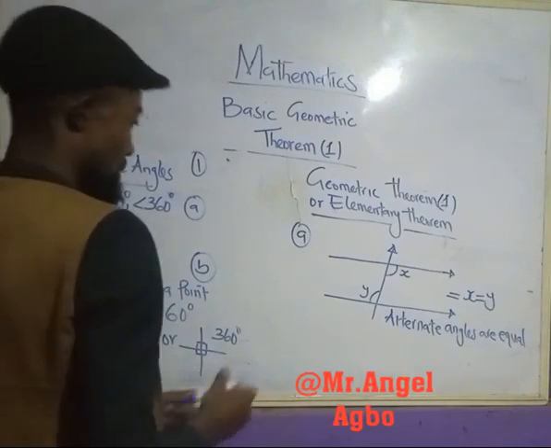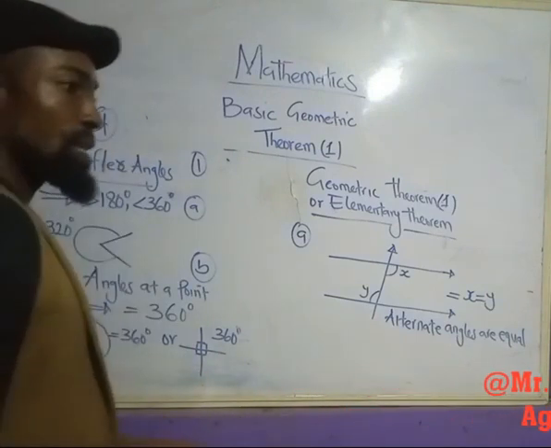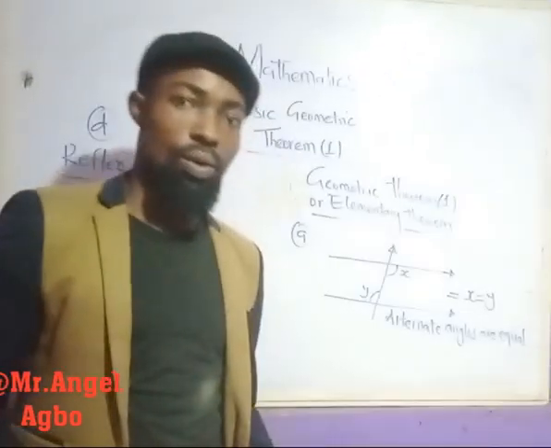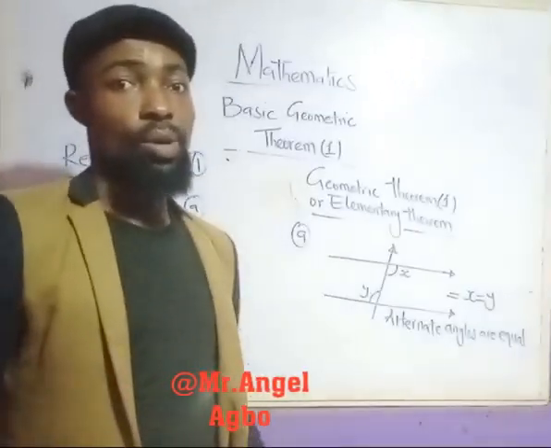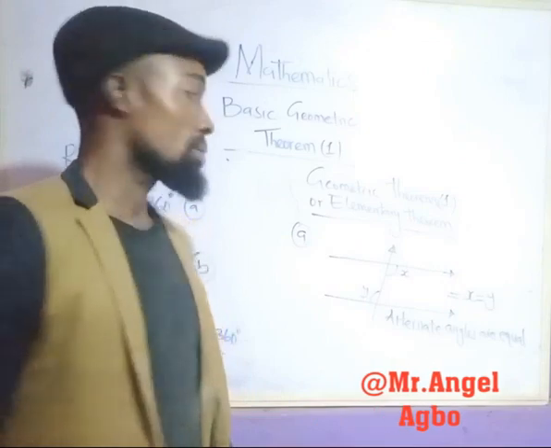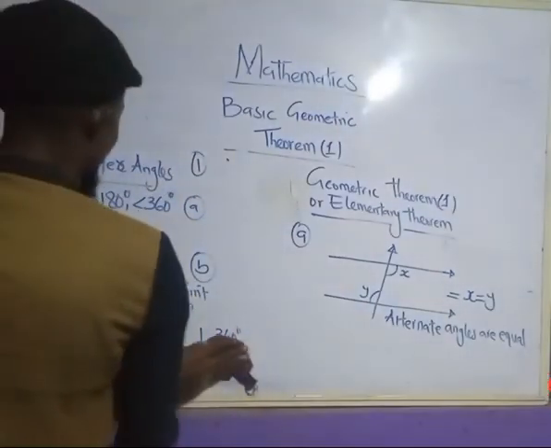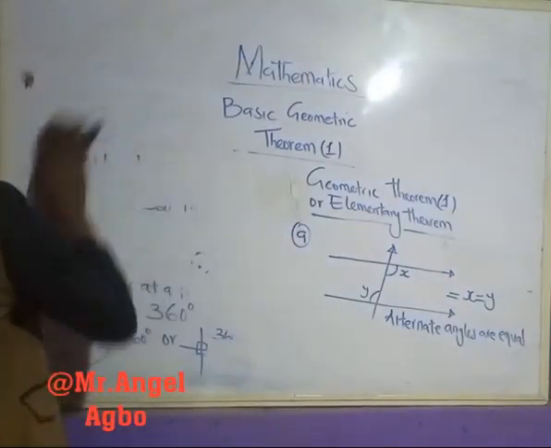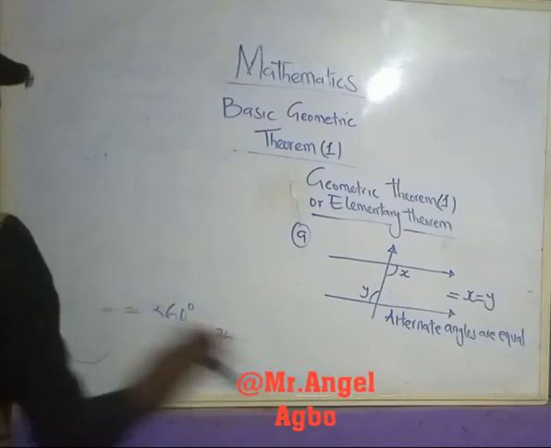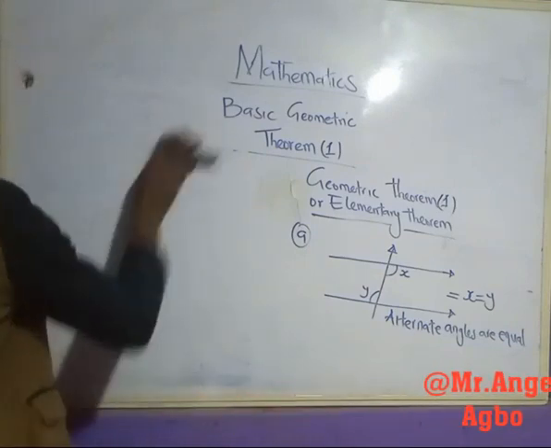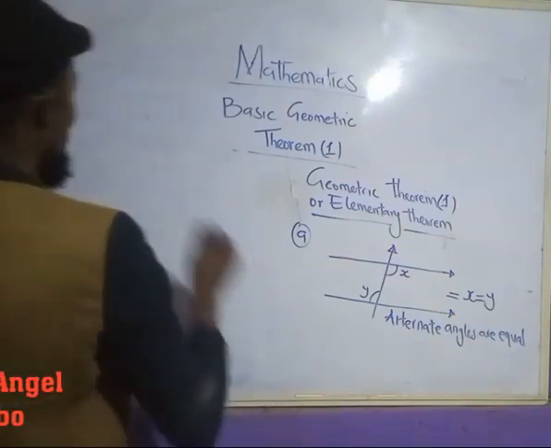That says that corresponding angles are equal. So that is B for us. After knowing the types of angles, we are going to the elementary theorems that will help us to prove.